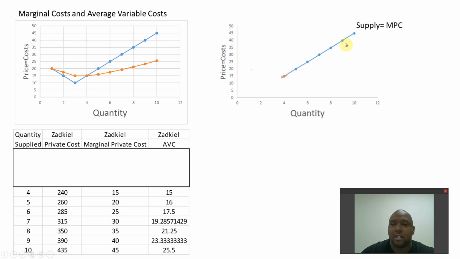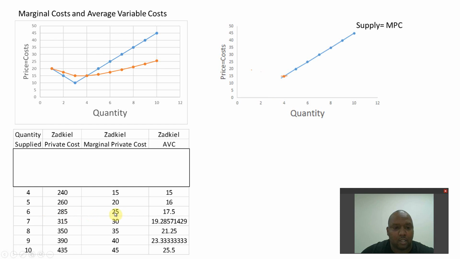So that's this. Now, this is something very interesting in economics that I've accidentally proven here, that the supply is equal to the marginal private cost. So let's look at this. At the quantity of 4, the marginal private cost is equal to 15. See, quantity equals 4, the marginal private cost is equal to 15. Let's get another one, 6.